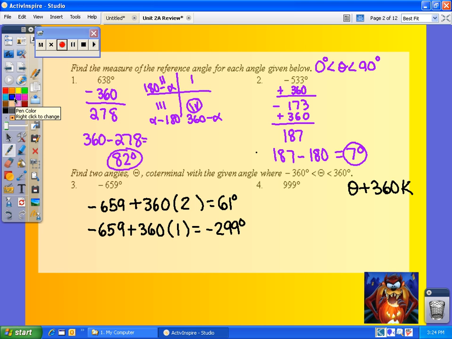Alright, the next one, 999. I'm going to do 999 plus 360 times, I'm going to put a negative 1 because I know that it has to fall between negative 360 and 360. If I put a positive 1, it's going to already be over 999. So I'm going to try negative 1 first.